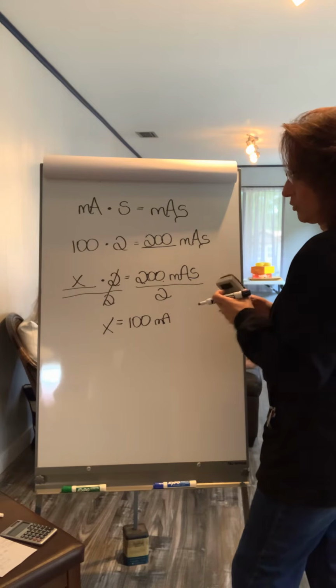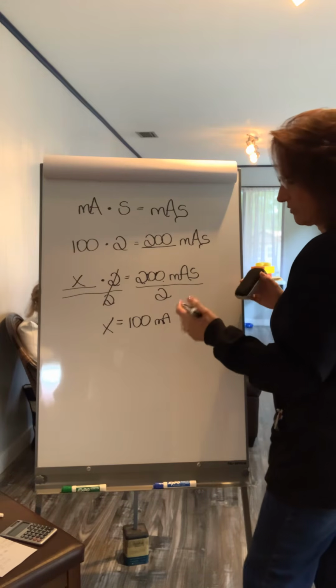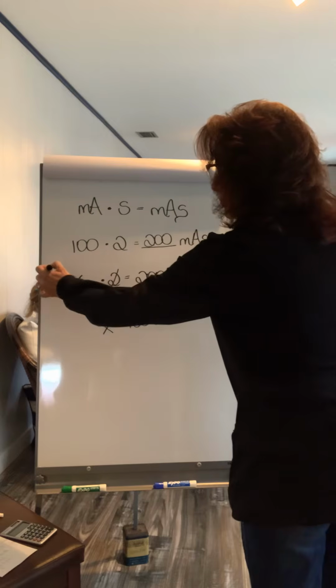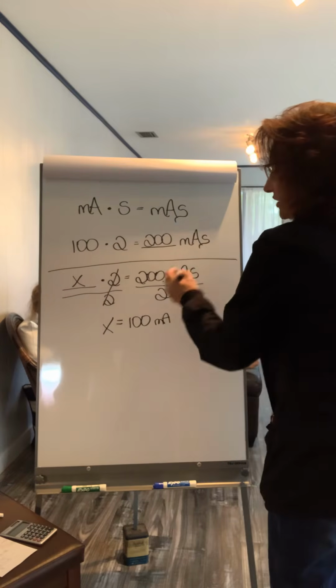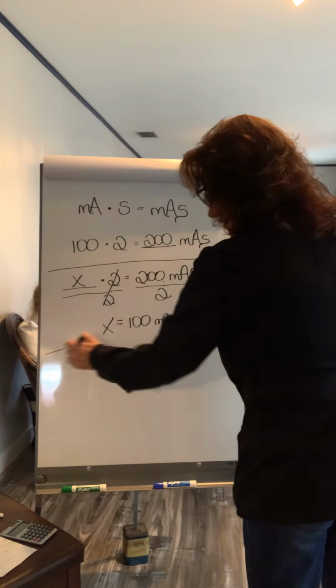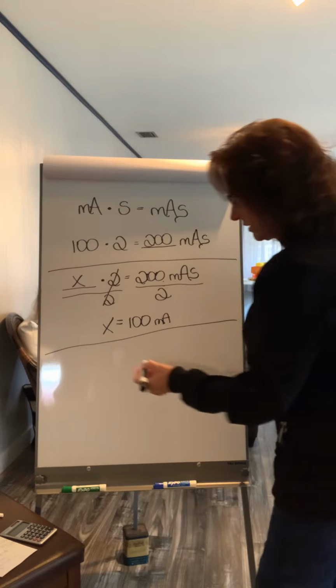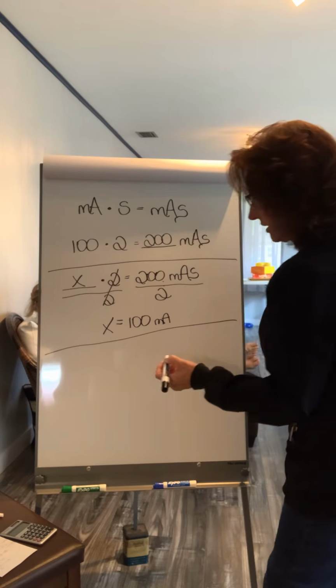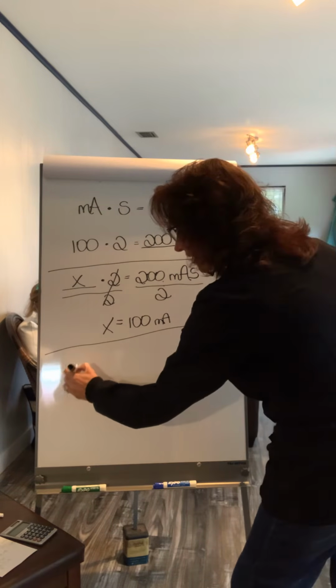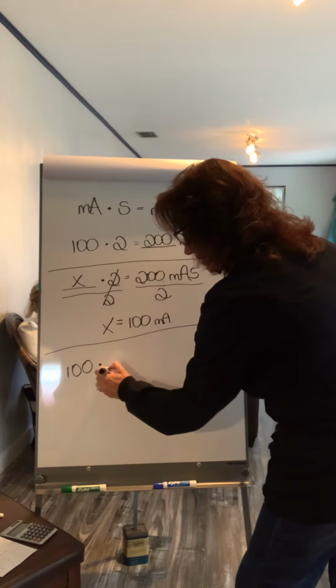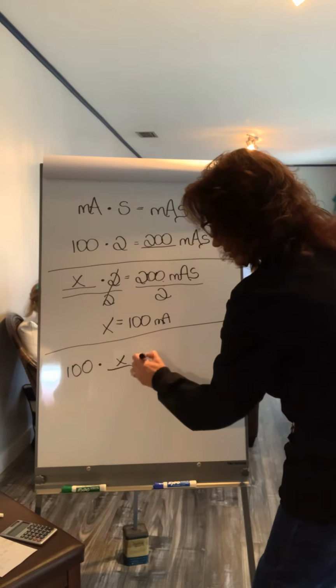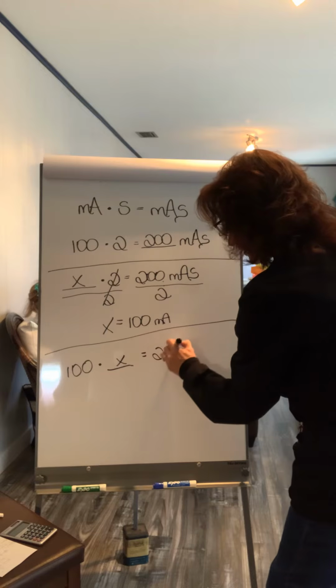So let's do one more and make the variable in the time factor. So this is 1, if your x was there, 2. And then in the third one, let's just say that you had 100 MA times X gave you 200 mass.